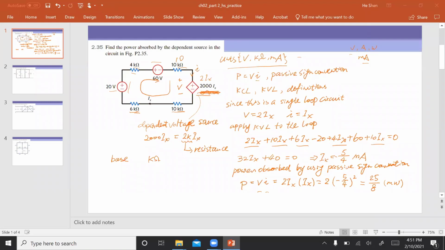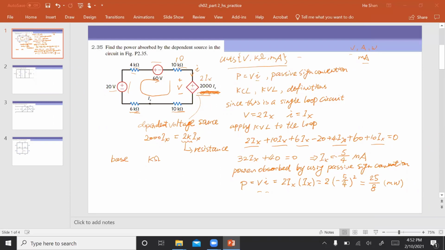Got it. Professor, sometimes I find myself in situations where I'd rather work in just amps instead of milliamps. And if we answered in terms of watts, it would still be correct, right? Then you have a different number, like 25/8 times 10 to the power -3 if you use the standard unit.